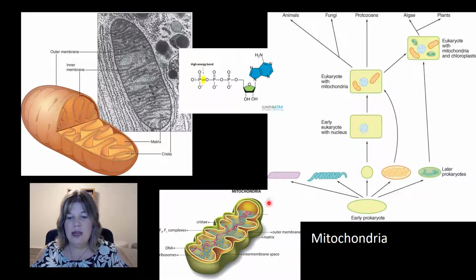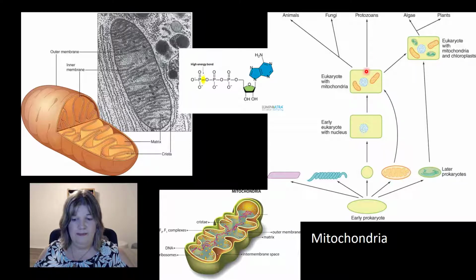The endosymbiotic theory describes how a large host cell and an ingested bacterium became dependent on one another for survival, becoming mitochondria and chloroplasts in the evolution of eukaryotic organisms.